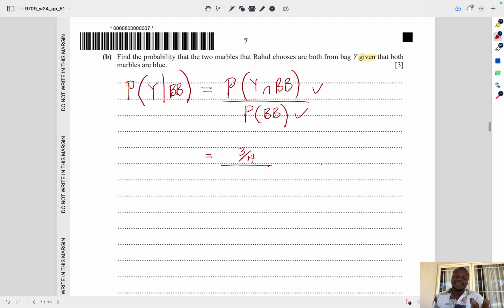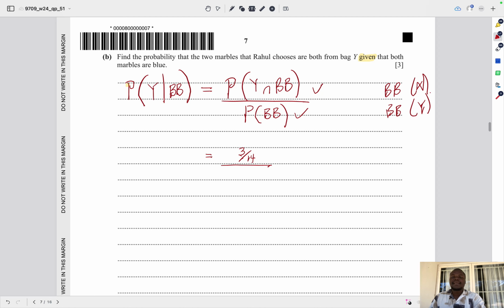Now this condition has nothing to do with being from bag Y or X. The condition is just that the balls must be blue. So they can be blue blue from bag X or blue blue from bag Y. Usually there is that problem there. So we need to understand that the condition stands alone.